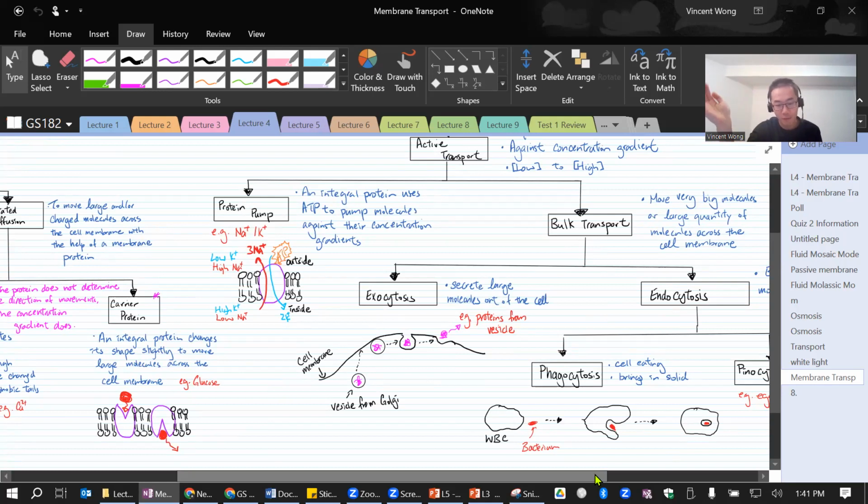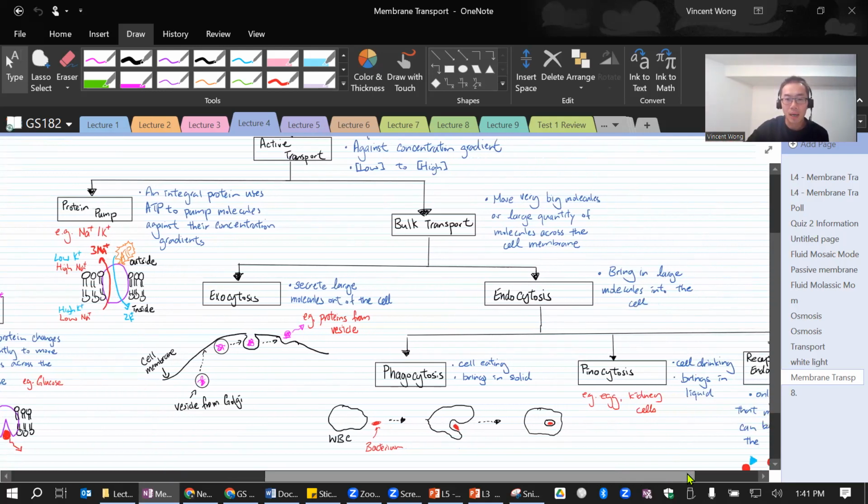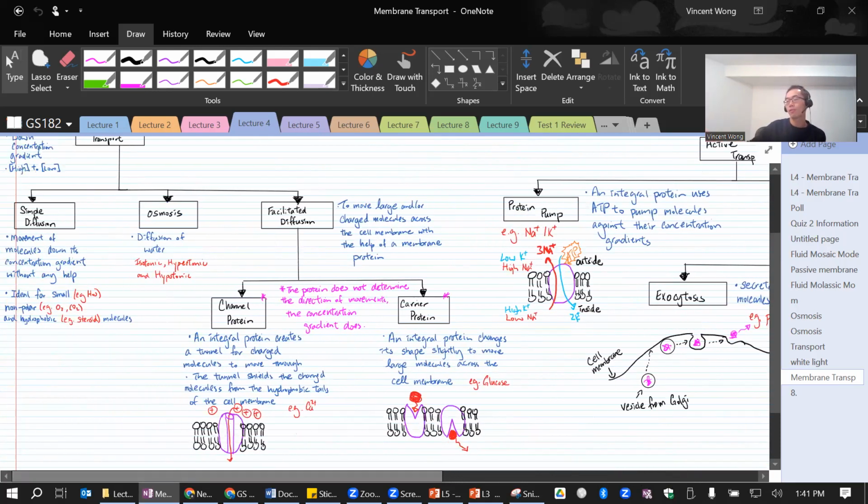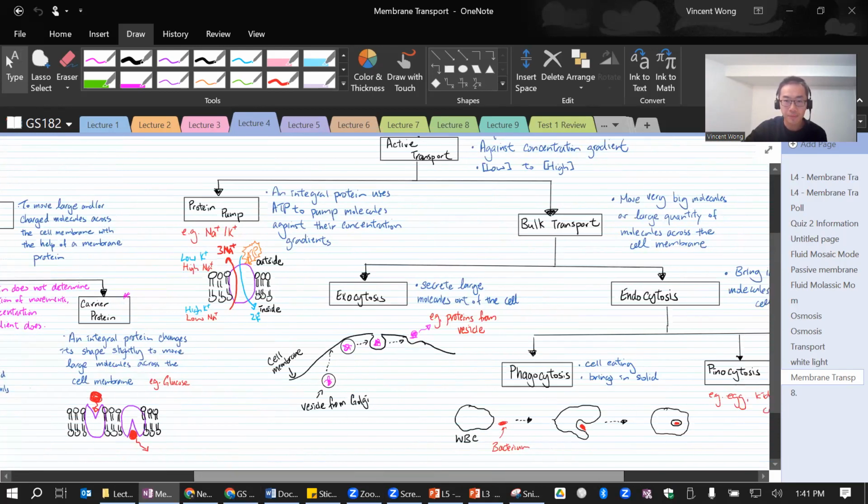Knowing where to find information is useful. That's what all of us do anyway. In real life, when we don't know something, we look it up. So I can ask you, which of the following is used for transporting charged particles, and you have to know, oh, that is channel protein. Do you understand that? Okay.